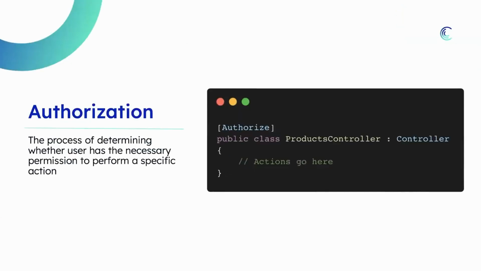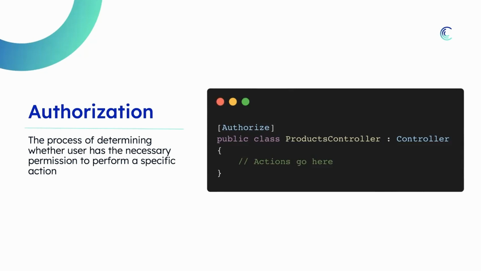And last is authorization. Of course, it's good to protect our endpoints or controllers, so that a client needs to have a specific permission to perform a specific action. So this is what is behind the controller base.